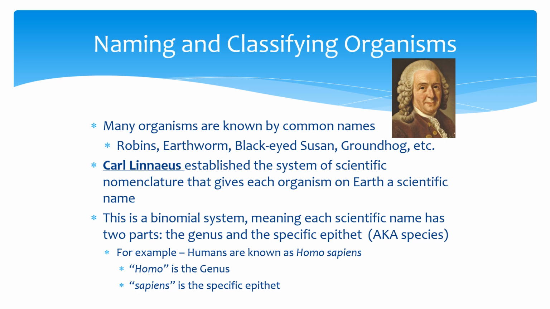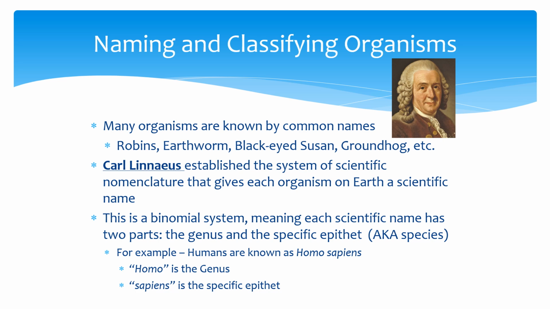That tells us that we are specifically the most current species of human. But we weren't always. There was Homo erectus, Homo neanderthalensis. There have been a few. So that lets us know through the genus and the specific epithet what organism within that hierarchy we are specifically looking at.